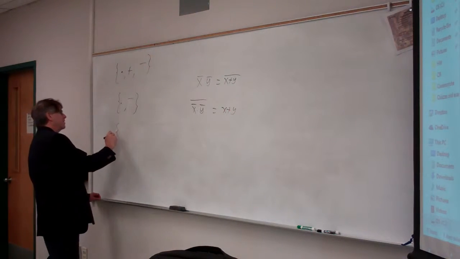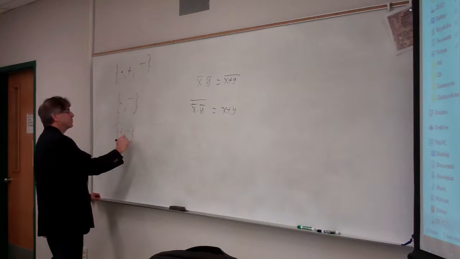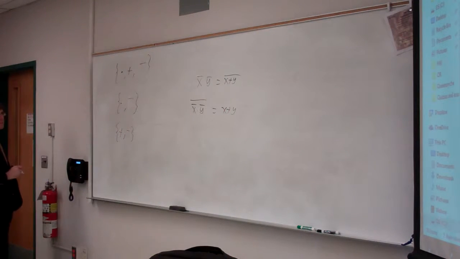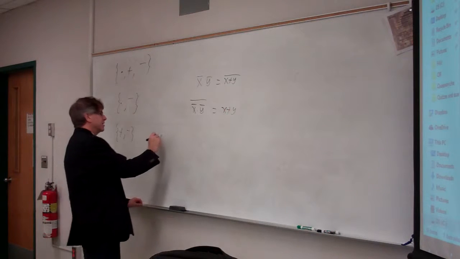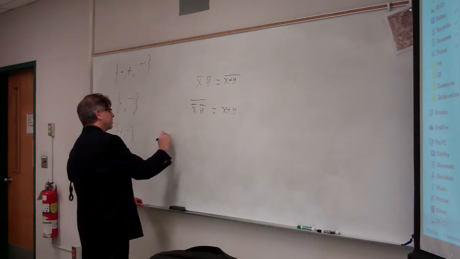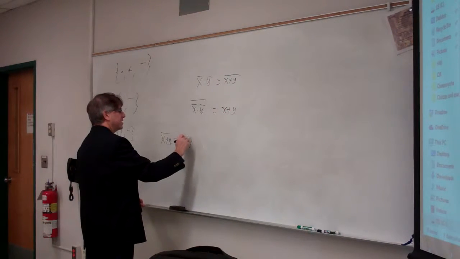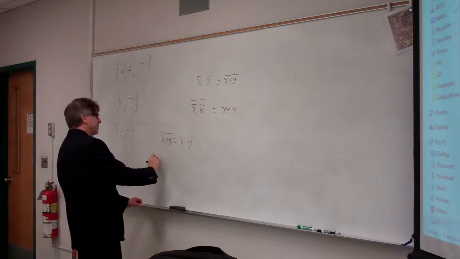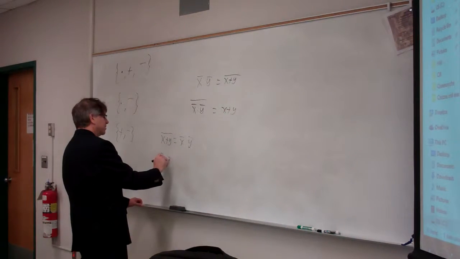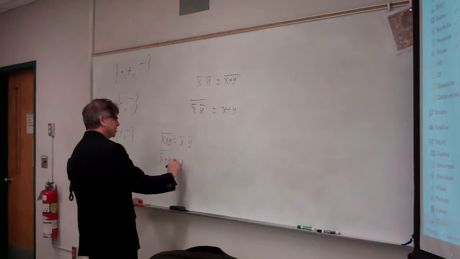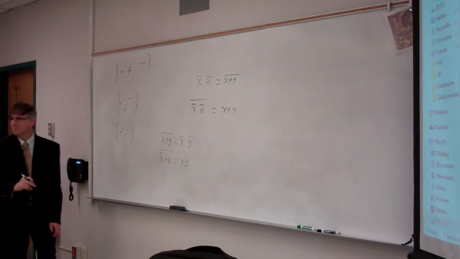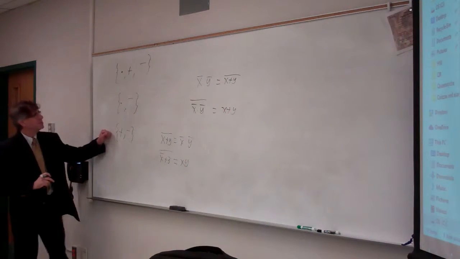And if all I have is an or and a complement, I can say x or y, complemented, equals x bar anded with y bar. And if I take x complement or y complement and I complement that, I get an and. So if I have these, I can get my and.